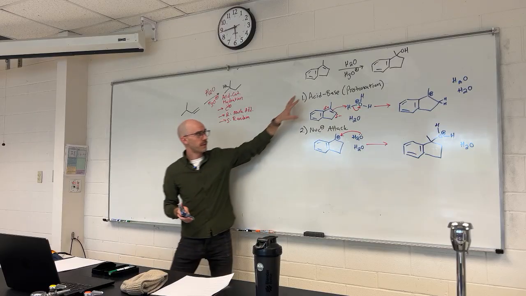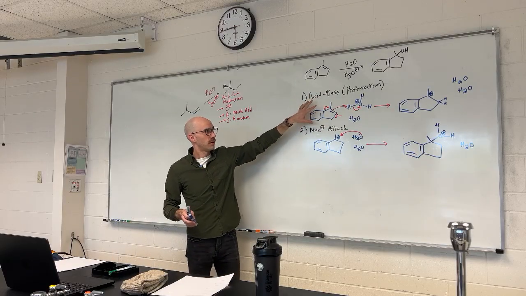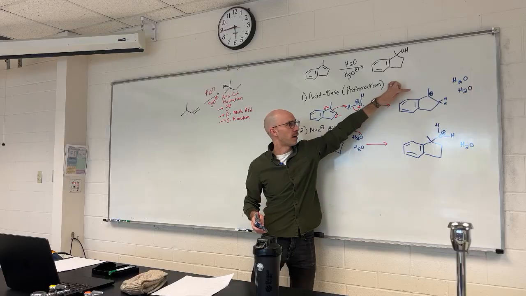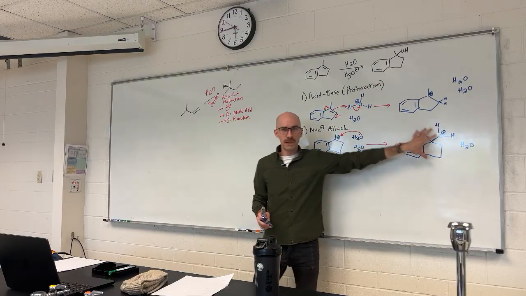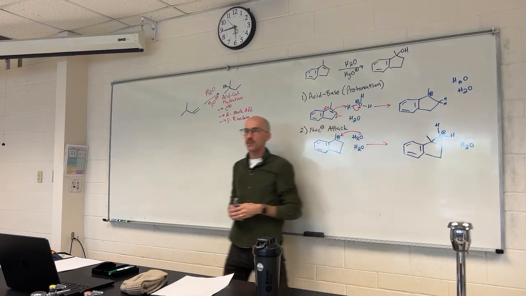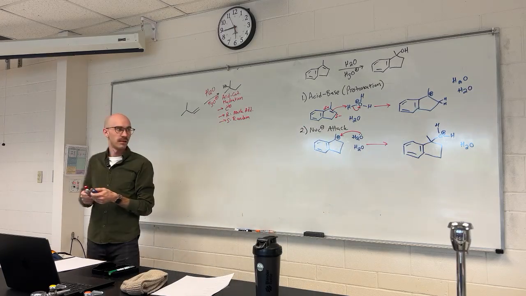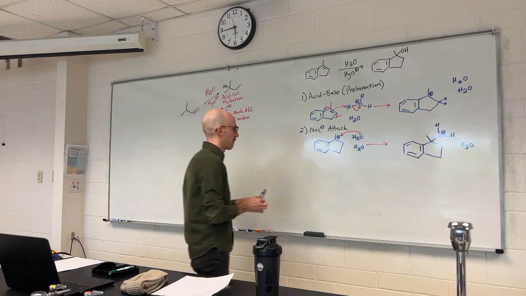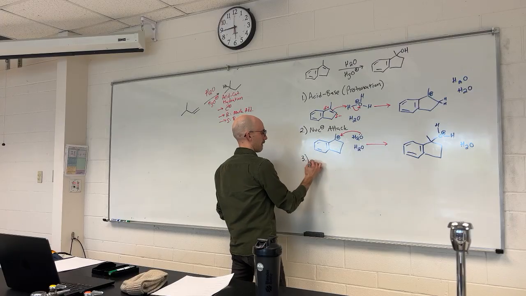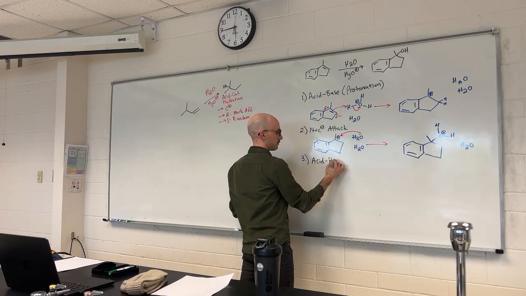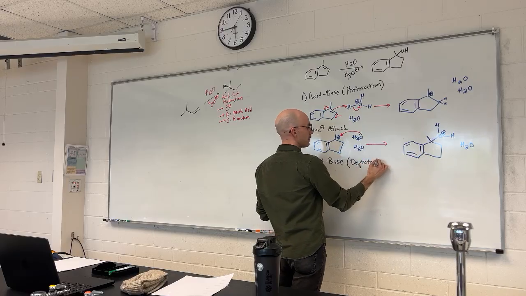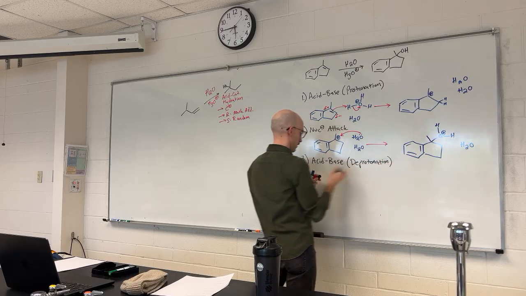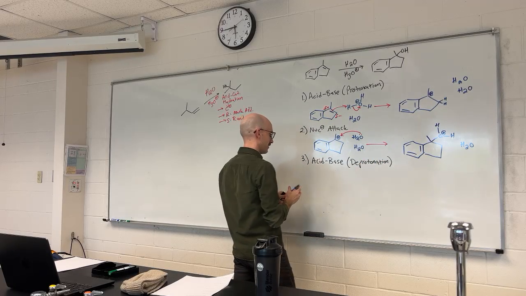I started with net positive. My net positive stayed, but the positive charge moved. I have net positive, I keep net positive, but the positive charge is just being relocated. What's my last step? Acid base, we could call this step deprotonation. What is my acid?